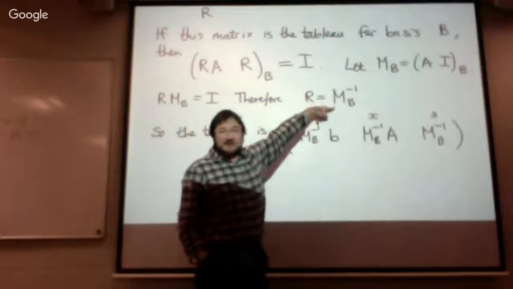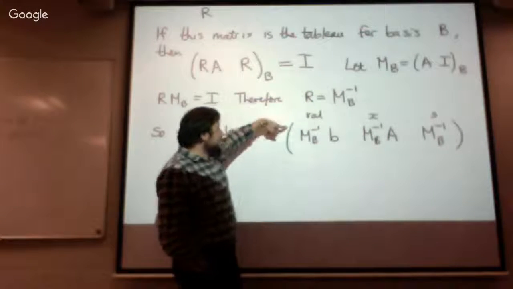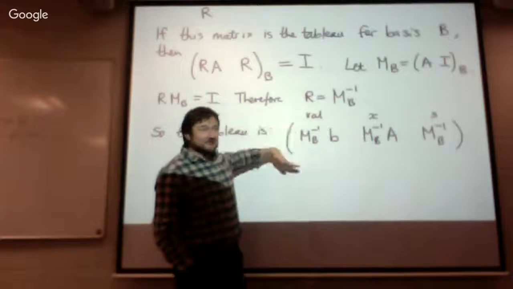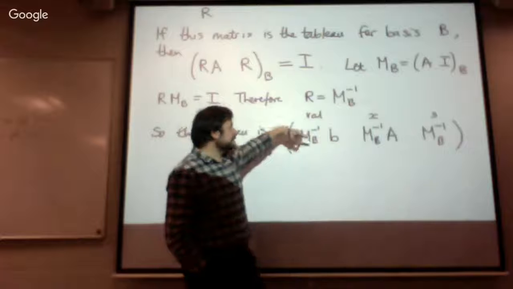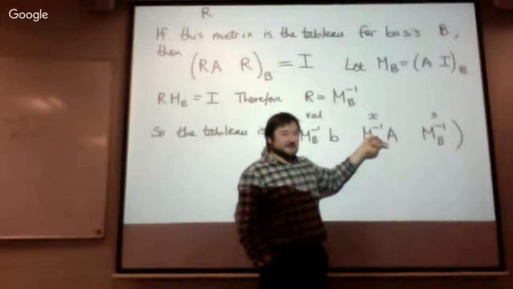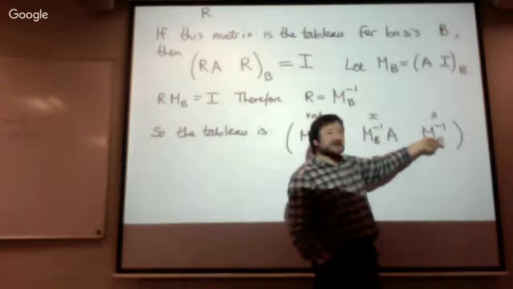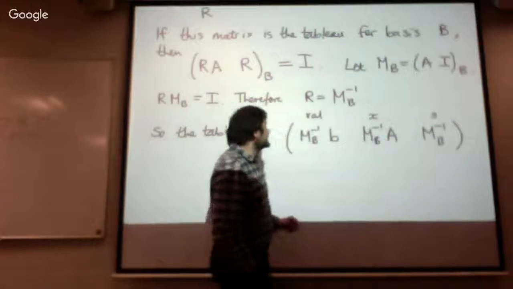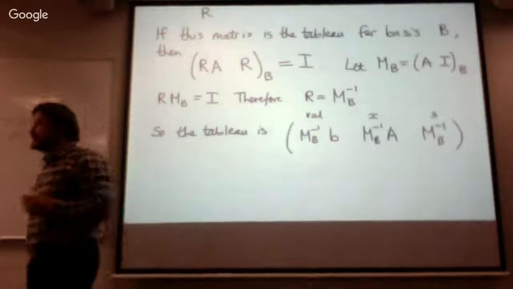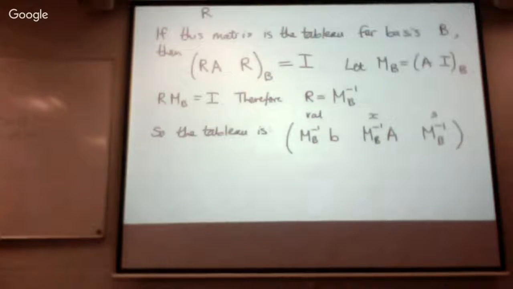I do the inverse of this matrix, and then I get the top of the tableau without the objective row in this way. So in the decision variable columns, I get this matrix product. I get the inverse matrix in the S columns, and I get this vector in the val. And what we didn't do was the objective row. So that's what we're going to do now.